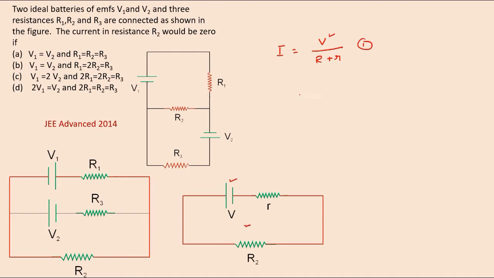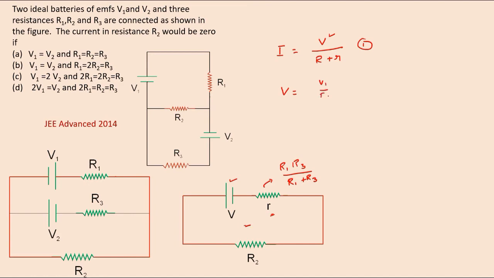Of course we know this R as R1 R3 by R1 plus R3. This you might have studied in combination of cells in parallel. Now I is equal to V by R plus R. Then what is V?